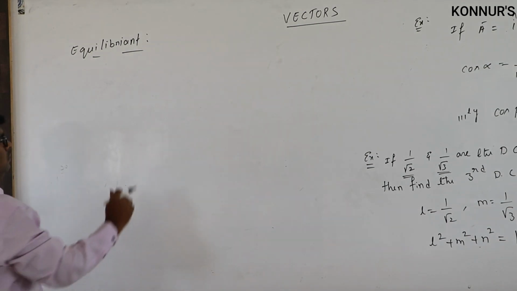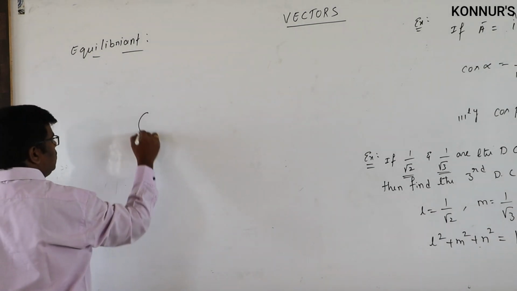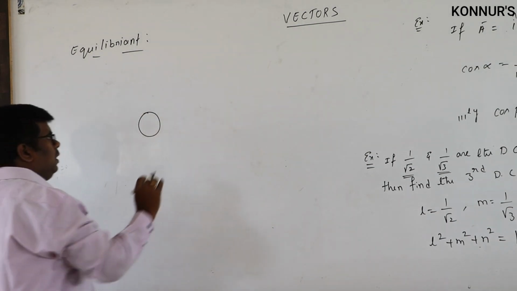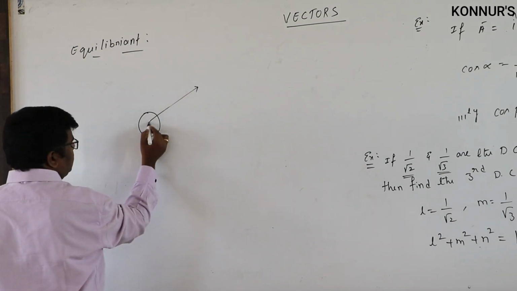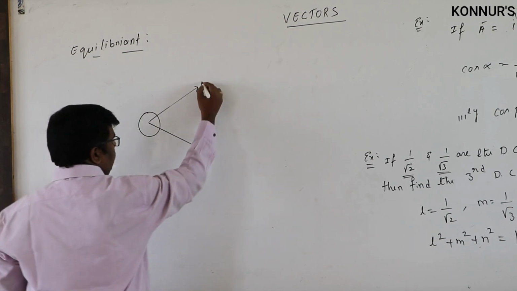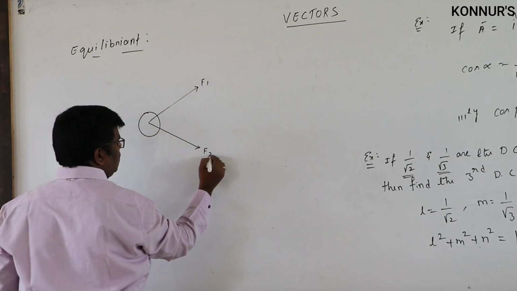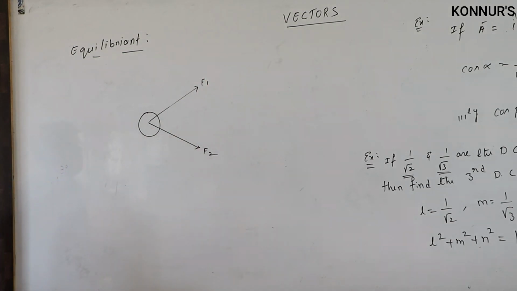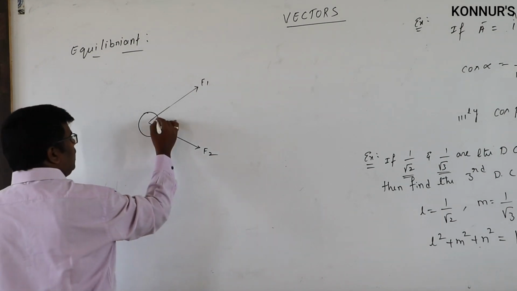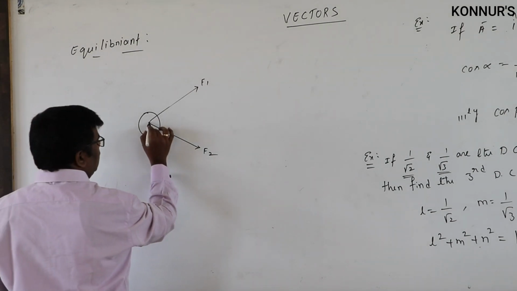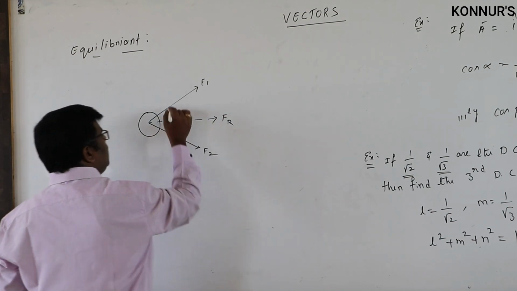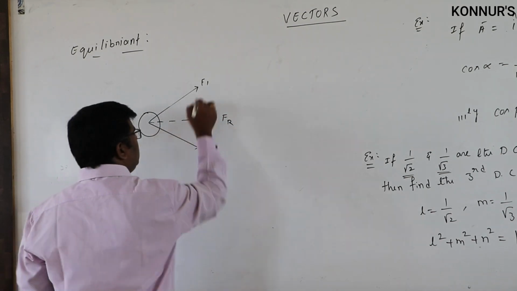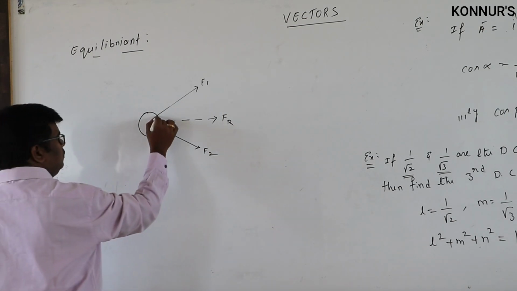Let us take one body. On this body, two forces are acting: one is force F1, another one is force F2. And what about the resultant force? If it is making an angle theta, you know the resultant F is acting in between these F1 and F2.